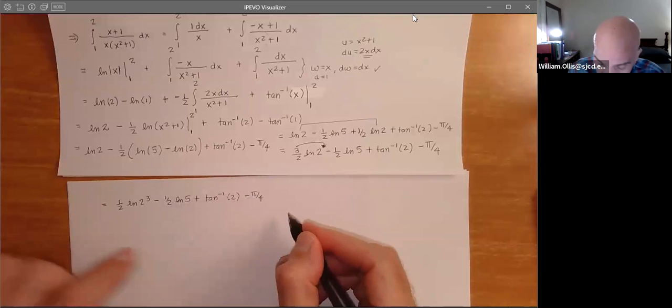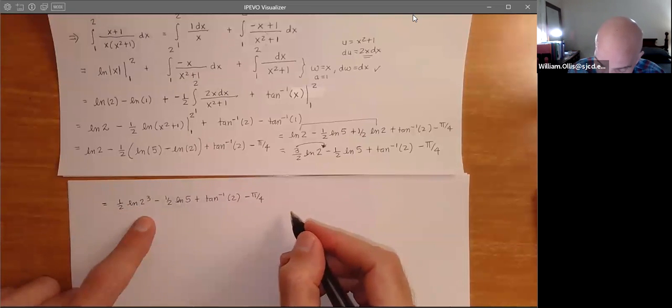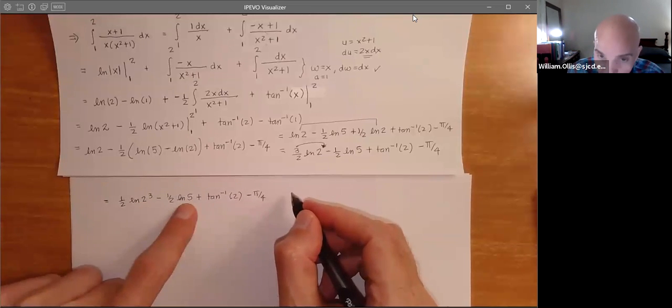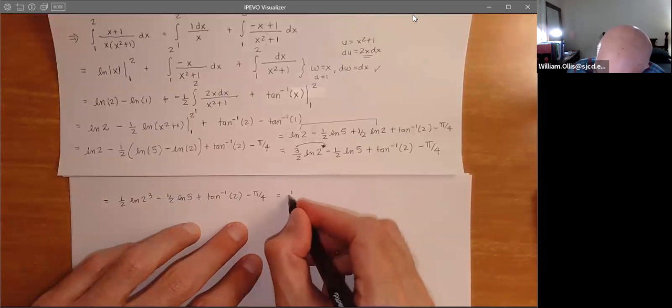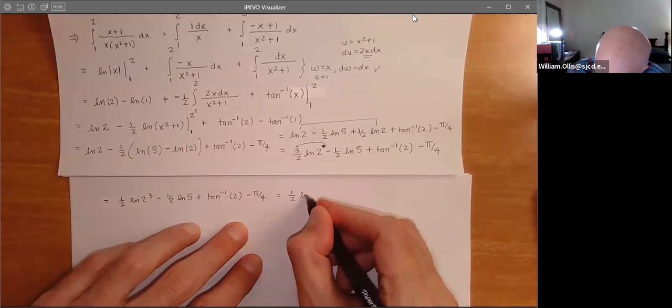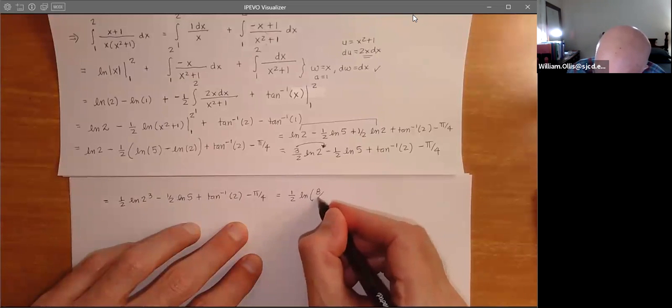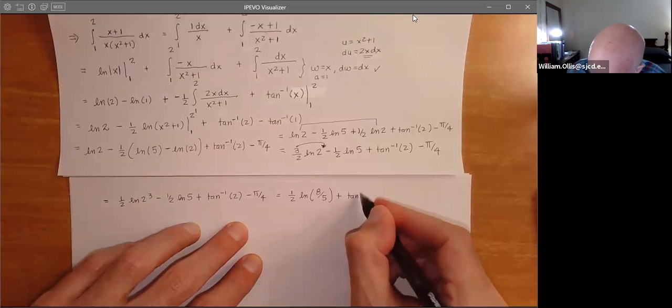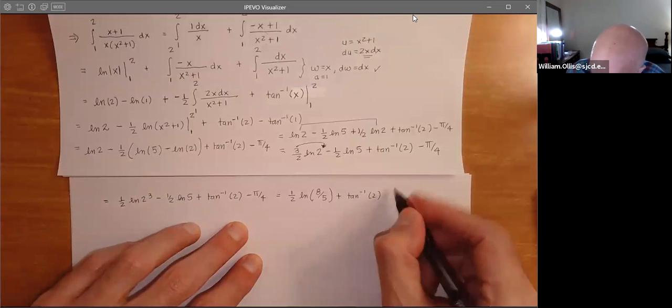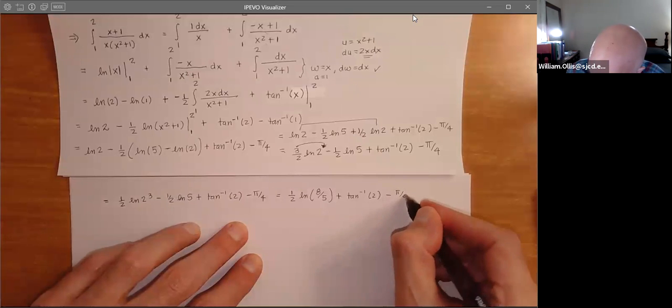And now, of course, that's just an 8. So we can do the 8 and the 5 as the quotient rule. So this will give us 1/2 natural log of 8 over 5 plus inverse tangent of 2 minus pi over 4.